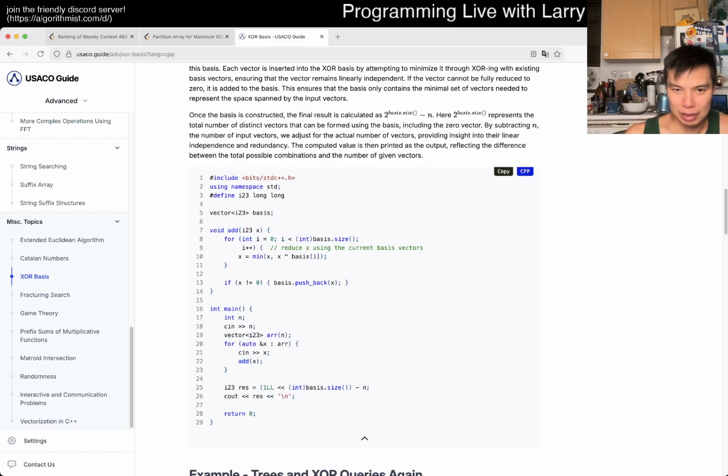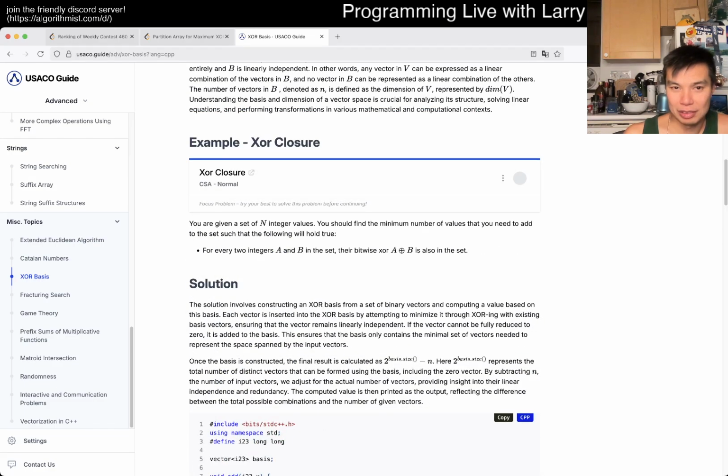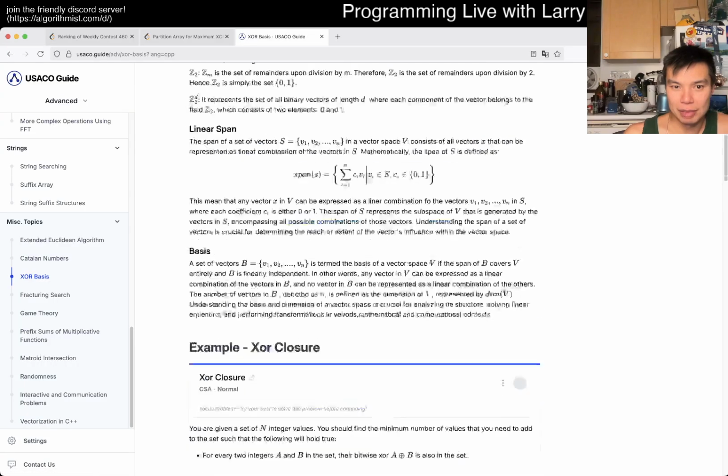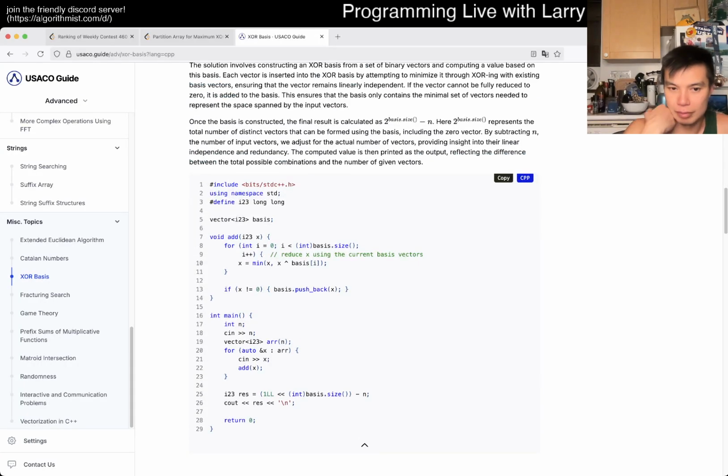Basis that size, so that's the current number, reduce X. Maybe I have to ask. Oh, this is for every 2 number XOR thing. Okay, maybe I can understand this form.